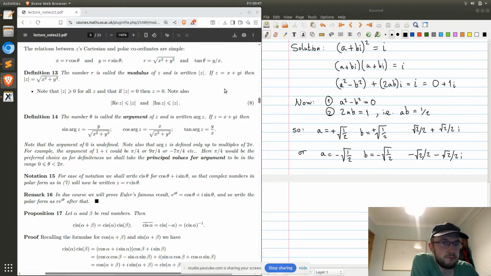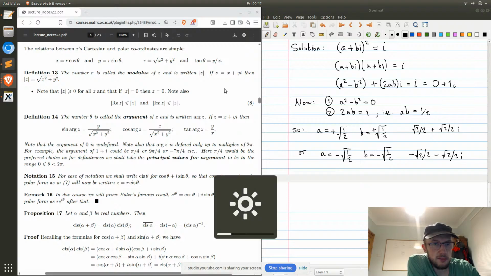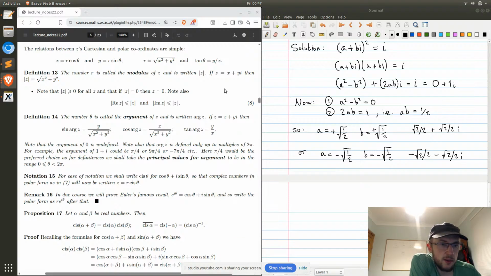Okay. Finally, the tangent of the argument of the complex number is equal to y over x. Note that the argument of 0, the complex number 0 itself, is undefined.